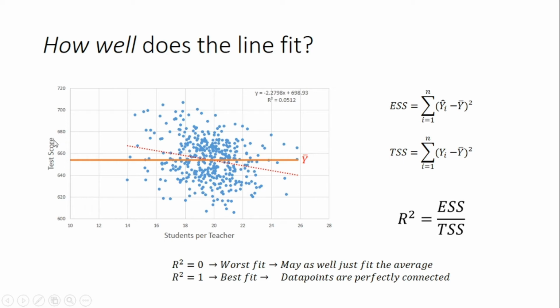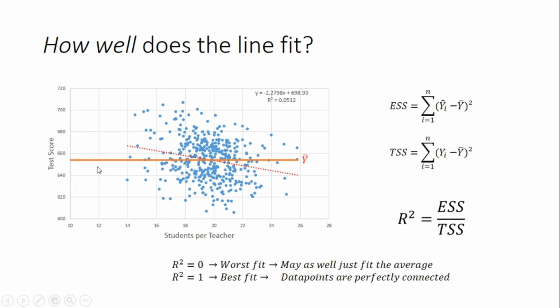That's going to give us as much information as we could possibly have. Knowing anything about the x values tells us nothing more than simply the average outputs. That's why we're comparing it to the average at all times.